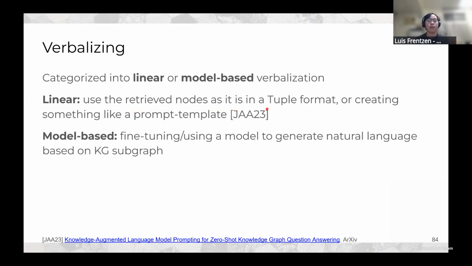For example, representing it in a tuple format or creating a prompt template, where you have a template and then you put in the variables based on your knowledge graph. Or you can define some model that you fine-tune to generate representations that the LLM could accept, or maybe generate some actual tokens that you paste into the prompt.